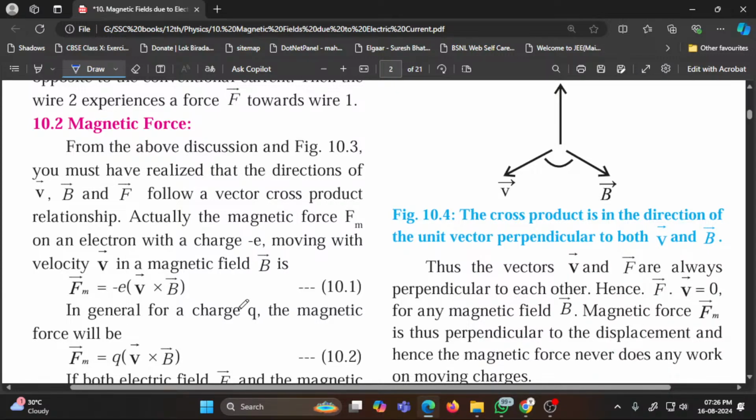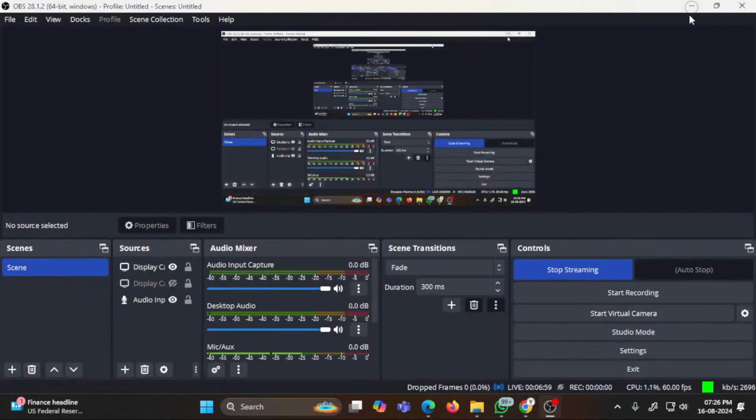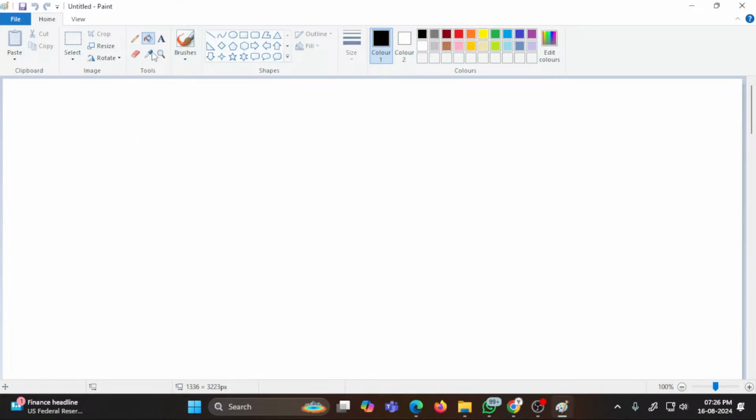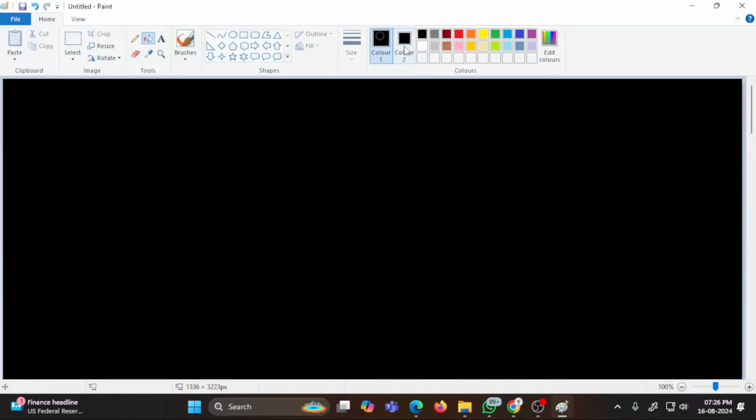So if we want to define that magnetic force, we can define it as follows. And that is called magnetic force. It is in contrast with the electric force which we have learned in static electricity.